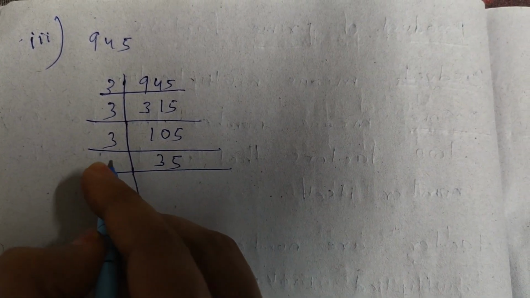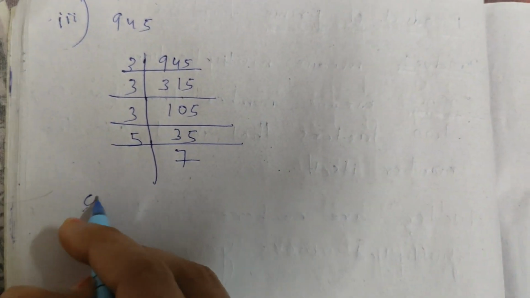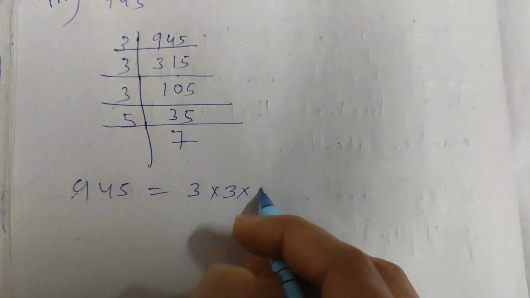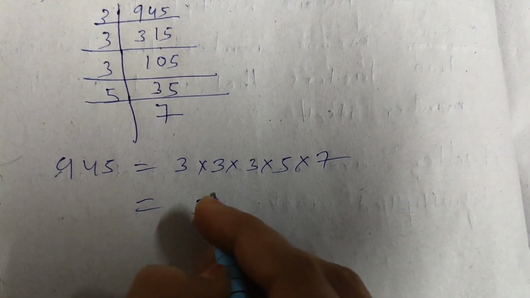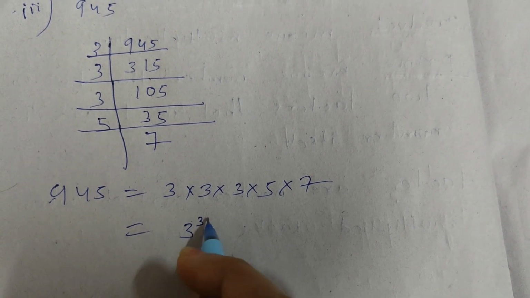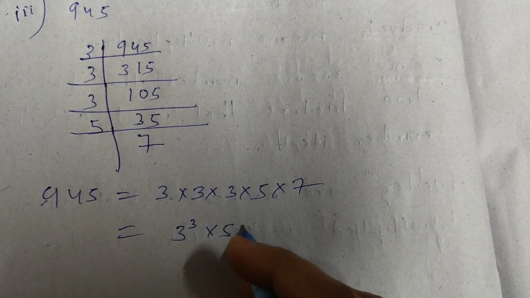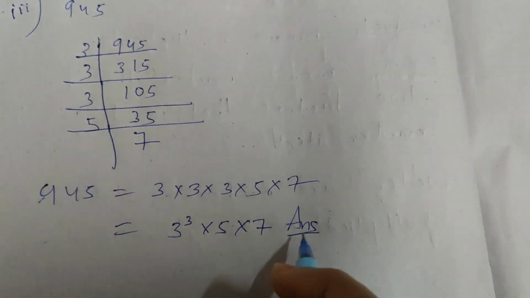We get 35, which is divisible by 5. Okay, so we stop here. 3 into 3 into 3 into 5 into 7. Here 3 is three times, so we can write 3 to the power 3. Okay, this is the answer.